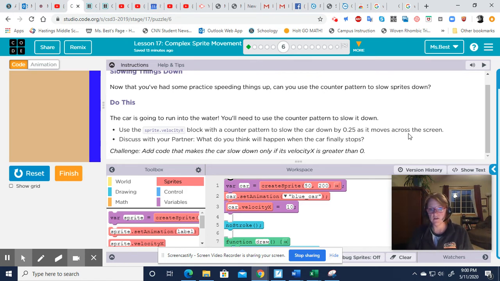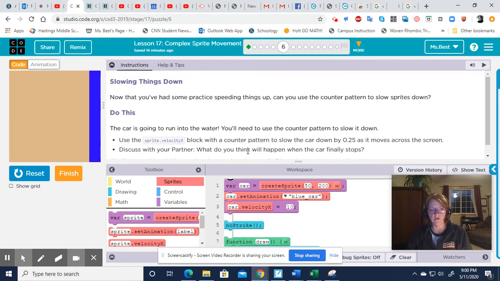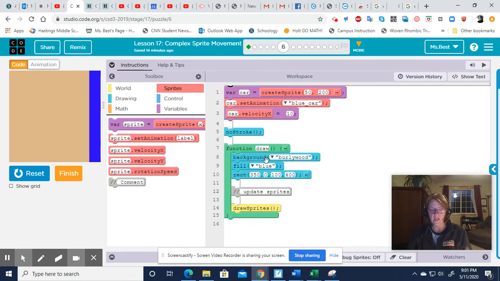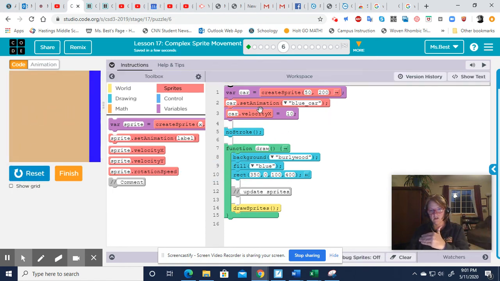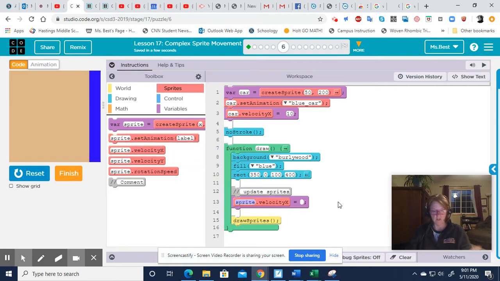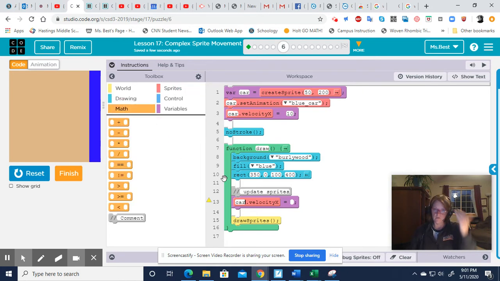So let's think about this, okay? What do you think will happen when the car finally stops? I don't know. So first of all, let's see what we've got here in our code. Okay, it said make it slow down by 25 hundredths. So it's moving horizontally, right? Velocity x is set at 10. So we're going to grab velocity x for the car, and we want it to slow down.